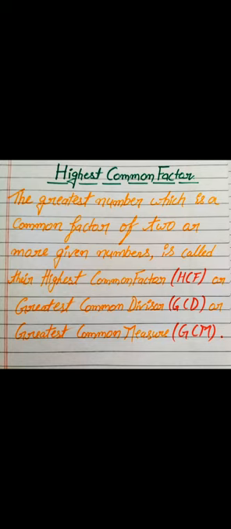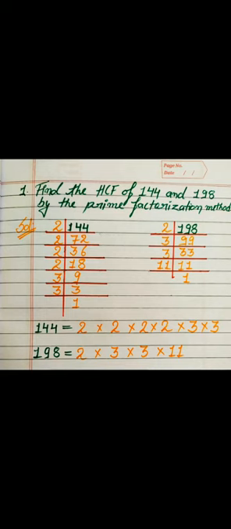Now, students, we will learn two methods to find HCF. Here, this is the first question in which we have to find the HCF of 144 and 198 by the prime factorization method. Now listen, students, as we know how we can find the prime factorization.